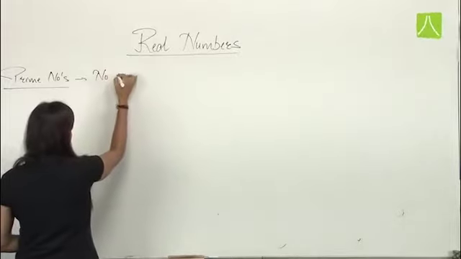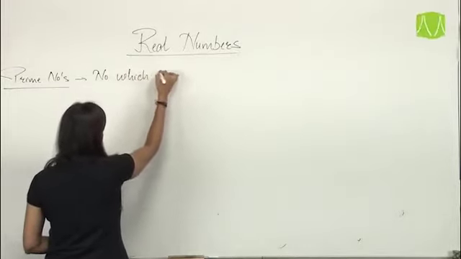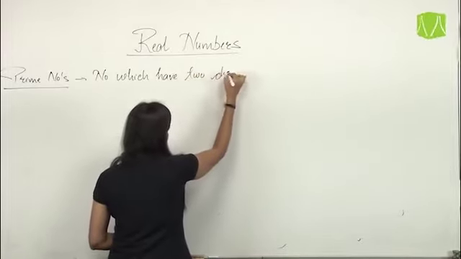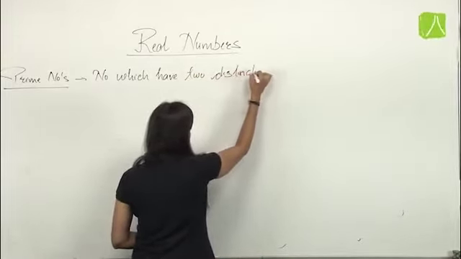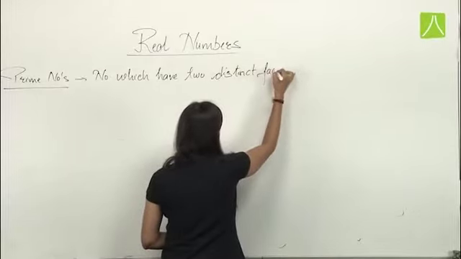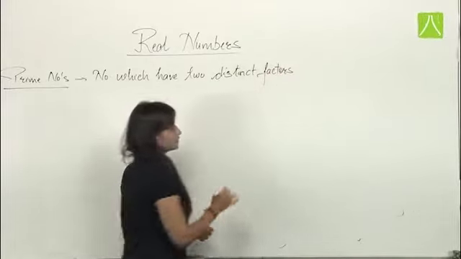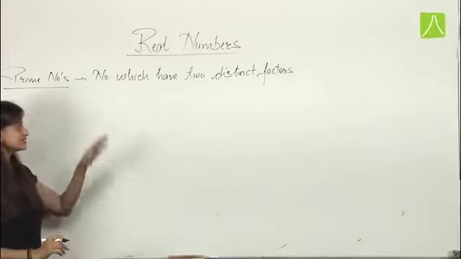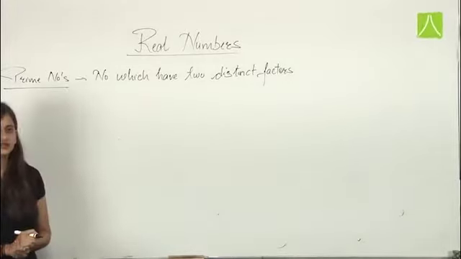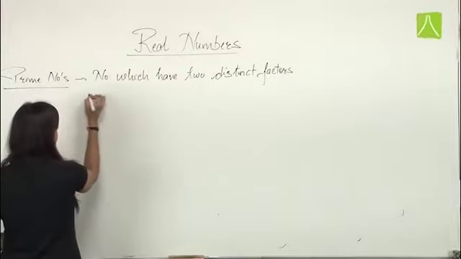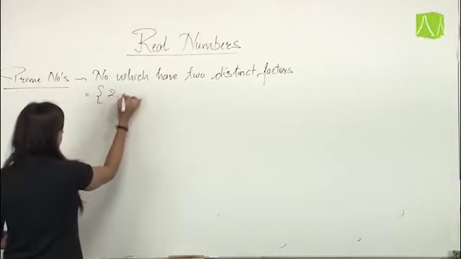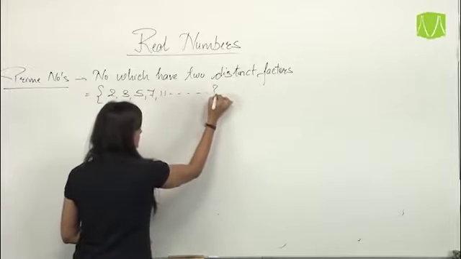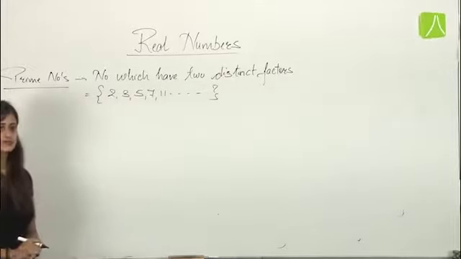Natural numbers which have two distinct factors are known as prime numbers. Examples of prime numbers are 2, 3, 5, 7, 11. These all are prime numbers.